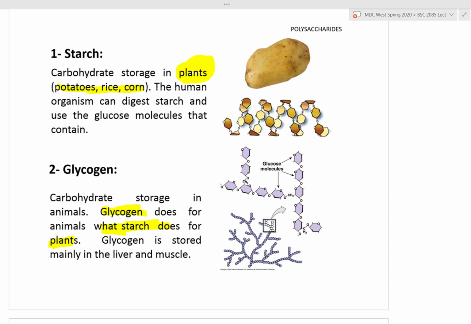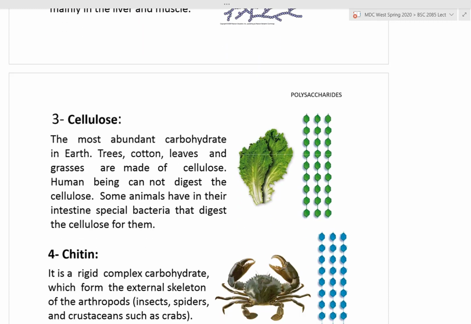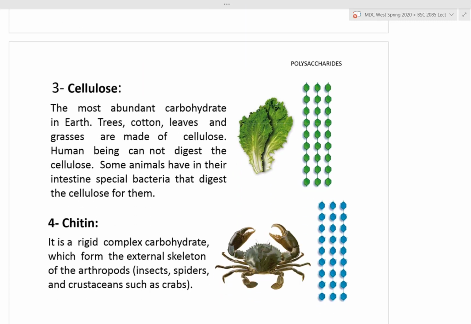No, we store what? Awesome. All right. And then we have cellulose. And of course, cellulose is what? Plants. And then chitin that we talk about is a rigid complex carbohydrate, which most of the time makes the skeleton of insects, spiders, crustaceans, for example crabs, right? So all those arthropods.